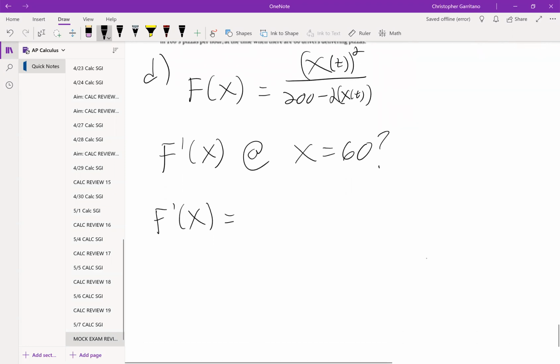With the quotient rule, I do the bottom function times the derivative of the top function. That top function's derivative is going to be 2 times x prime. Again, we're differentiating with respect to time, so that inner function has a derivative of x prime of t.